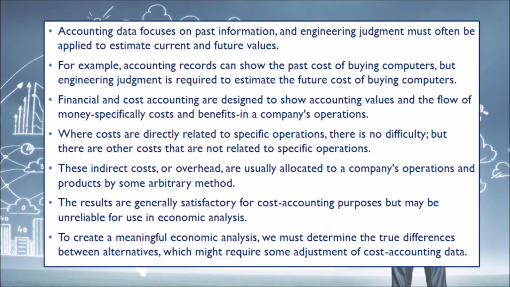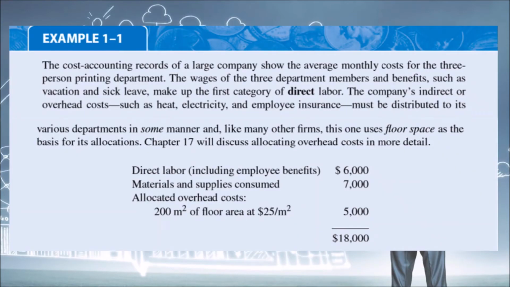The results are generally satisfactory for cost accounting purposes but may be unreliable for use in economic analysis. To create a meaningful economic analysis, we must determine the true differences between alternatives, which might require some adjustment of cost accounting data. Okay, so we have example 1-1.